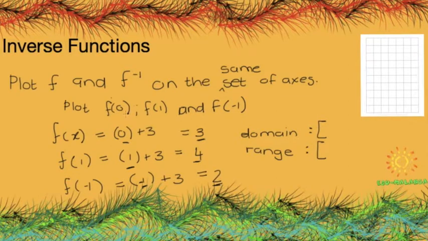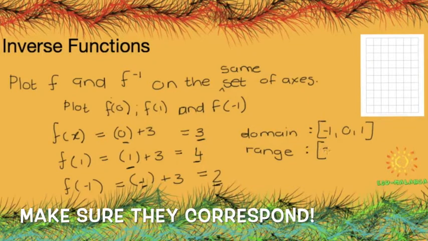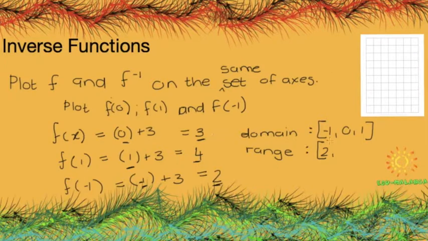Okay. So I look at the x values. There's a 0, there's a 1, there's a -1. So to write it properly, I'm going to start with the smallest number, and then I go to the biggest number. Then I go to the numbers that correspond to that. -1 corresponds to 2. Don't mix it up, okay? 0 corresponded with 3. And 1 corresponded with 4. That becomes our range. That becomes our domain.